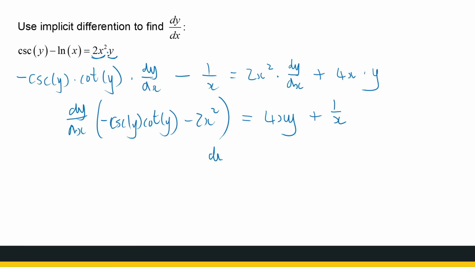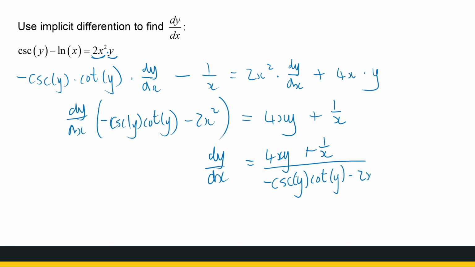So dy dx is equal to 4xy plus 1 over x over minus cosec y cot y minus 2x squared. So hopefully by now you're getting all of these right, and you can now differentiate all these functions that we have looked at.